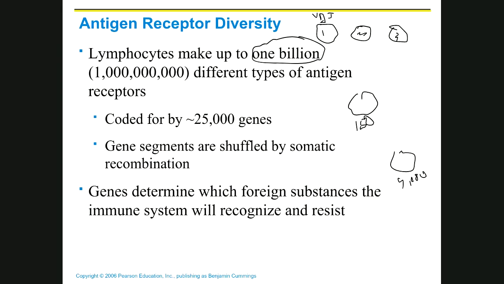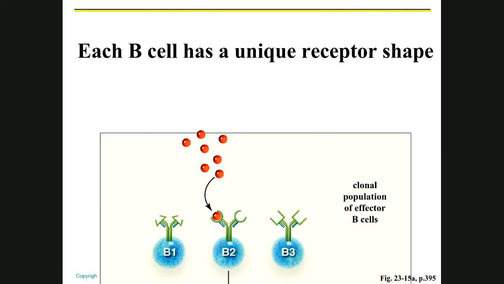A different VDJ, a different set of lottery numbers. And so we're going to wind up with a different shape of the surface receptor. So here's B cell 1, B cell 2, B cell 3. I don't know what the VDJ is, but this one is different than this one is. And when you have this different VDJ, you're going to get a different shape surface receptor.